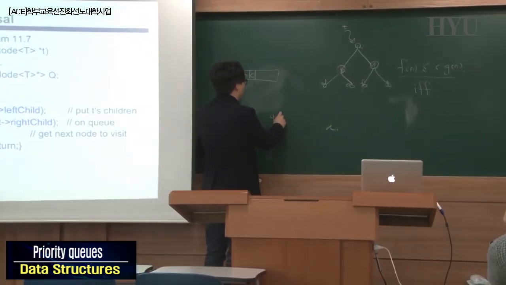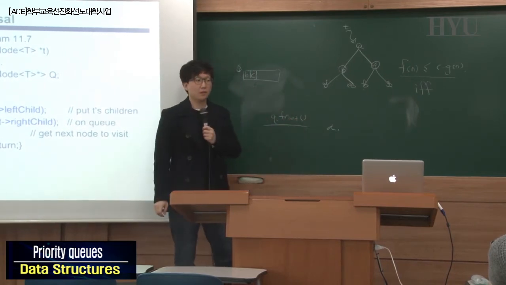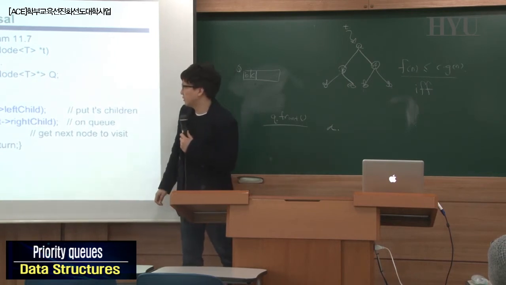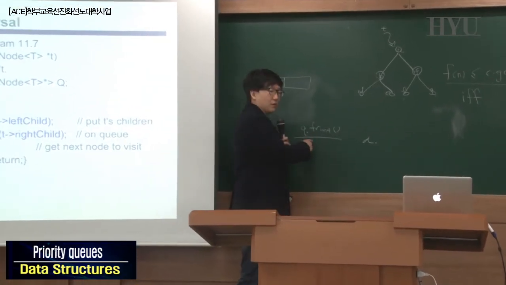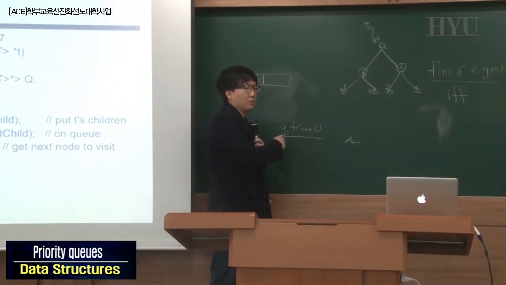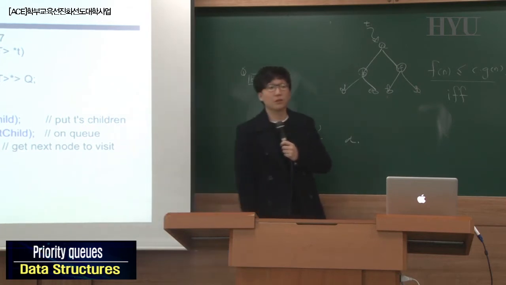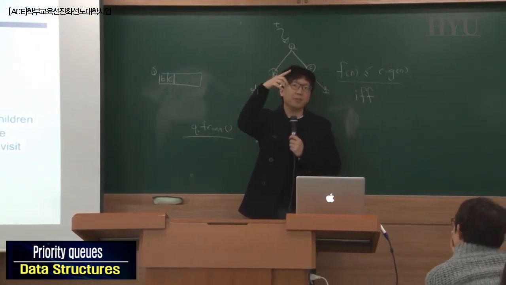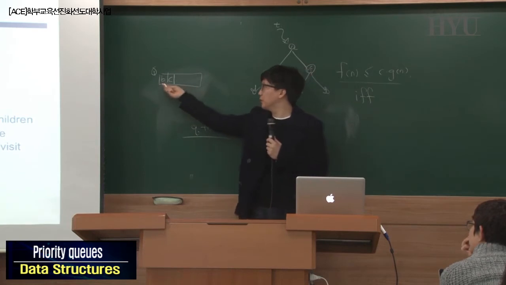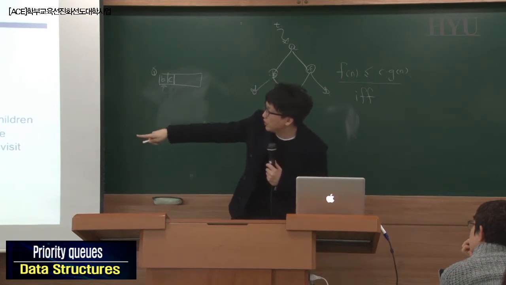What's Q front? What was this function returning? What was that? It looks at the value at the front of the queue, right? If you remember the definition of some of the operations in the queue, this function just checks the contents of the element at the front location.